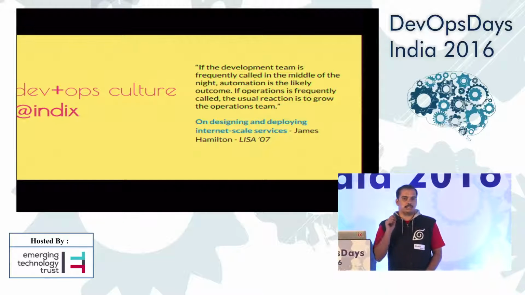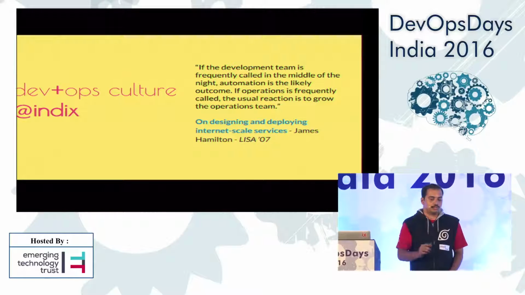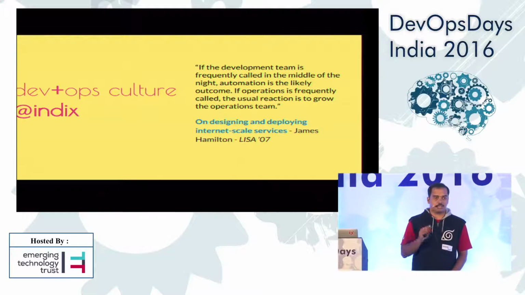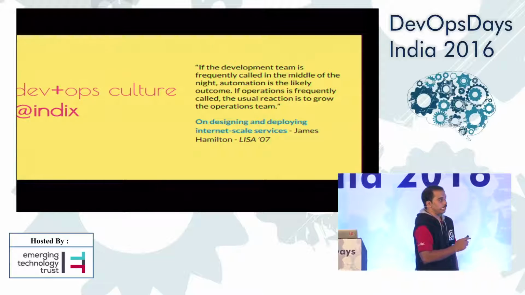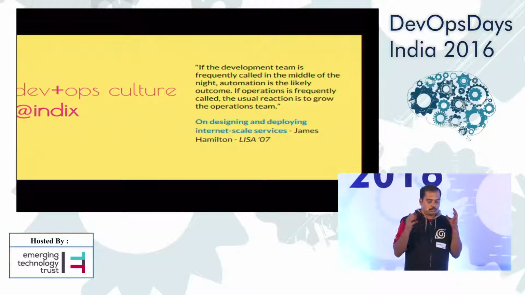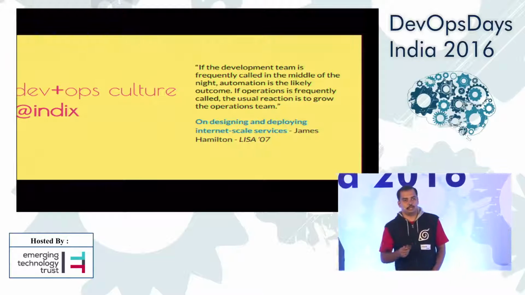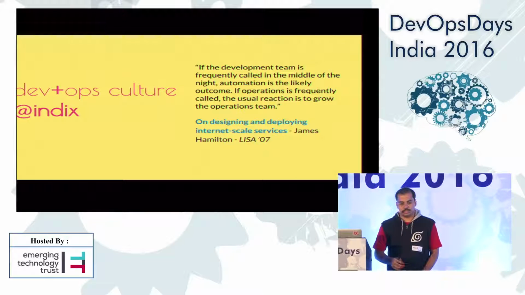This paper has lots and lots of beautiful content. If you are really into operations, you should seriously check it out. This particular quote is our mantra at Index when we work across any systems in general.